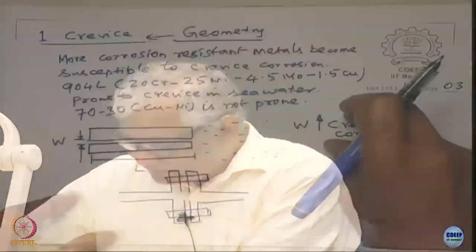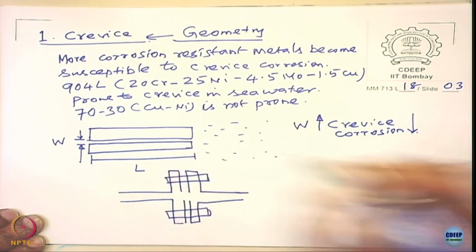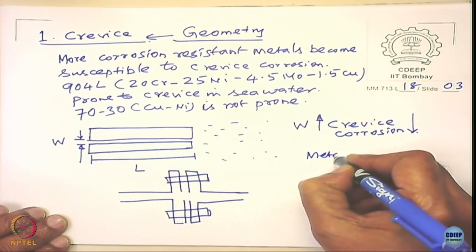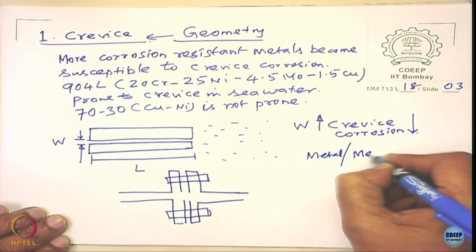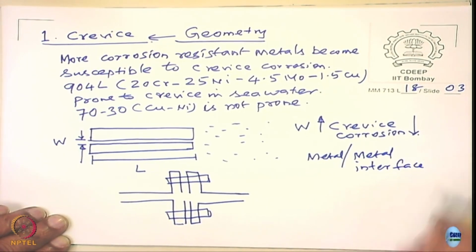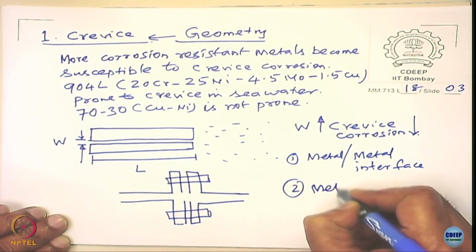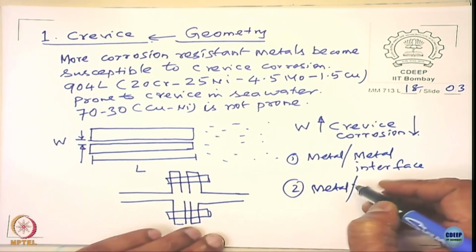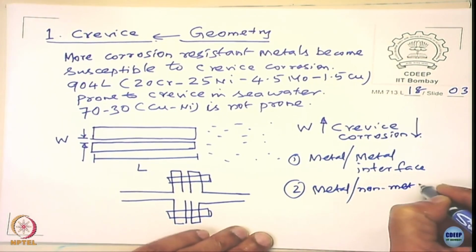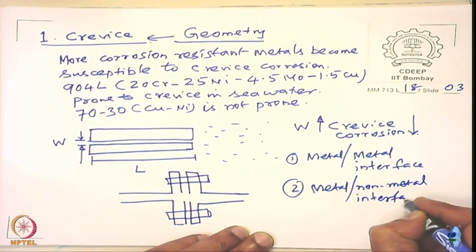So, width is an important one. You can also talk about other cases: a metal and metal interface, or a metal and non-metal interface, like for example a rubber.